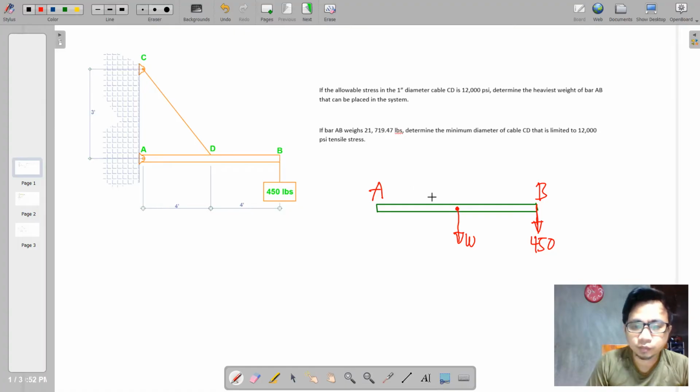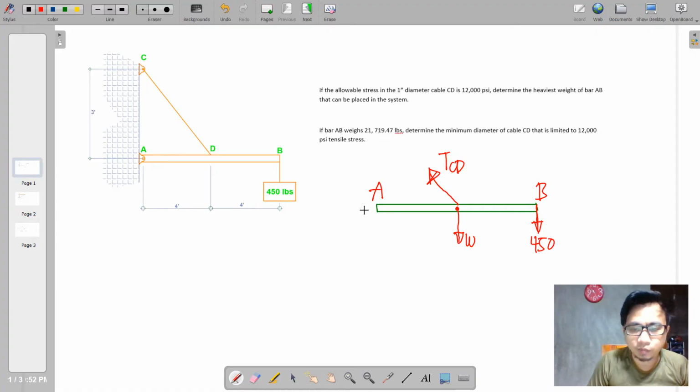And of course, there will be a tensile load here. Say this is tension, so I'm going to name this as tension CD.